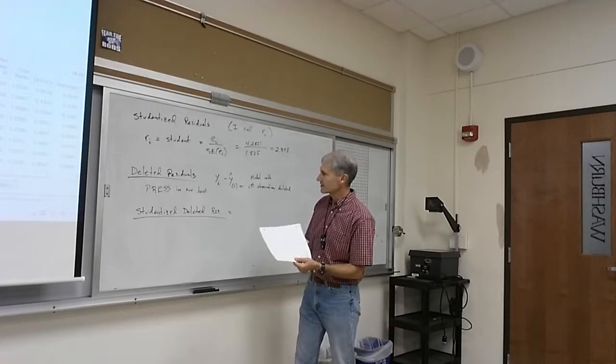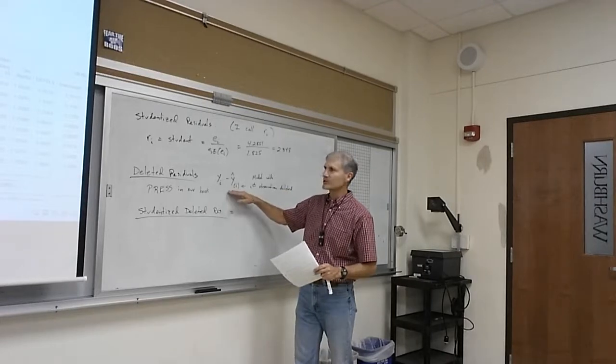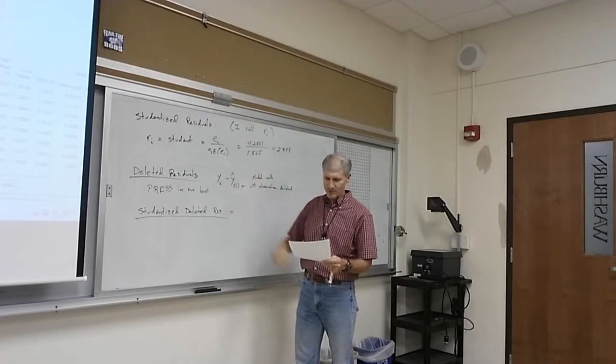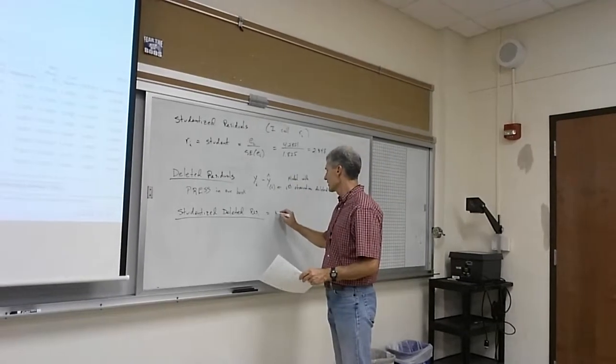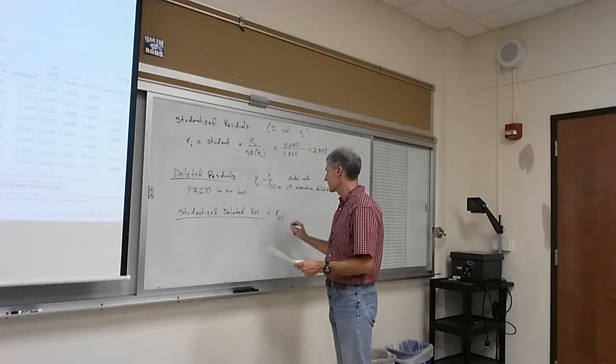Well, it sounds like the studentized deleted residual would take the deleted residual and standardize it, but it's actually more complicated than that. This is denoted with R sub i in parentheses.